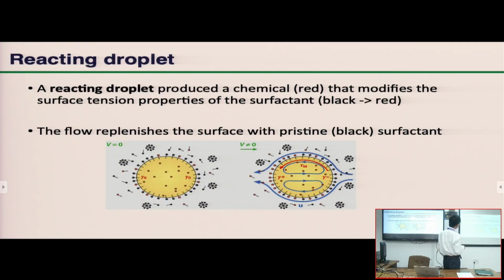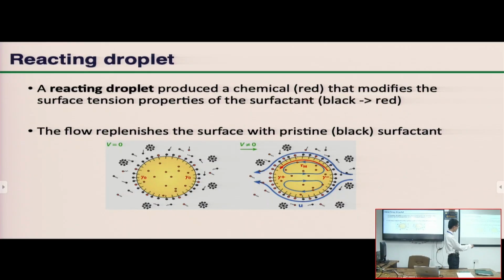The red chemical will modify the surface tension behavior of the surfactant. So once the red gets here, we just color the pristine surfactants, which are black, to red. That changes the surface tension of the surface. And then if you do a linear stability analysis of the system, you can establish spontaneous flow.